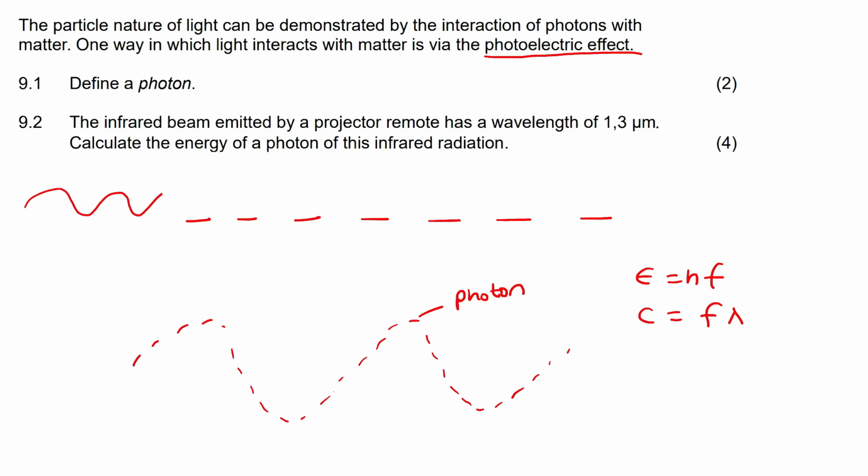So what is a photon? A photon is a small little packet of light, and it has energy. So the definition that you could use, and there's different definitions at different schools, different teachers, but it is a packet, which just means like a little piece of energy of which light is composed.